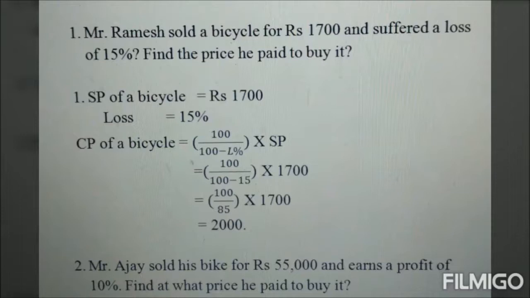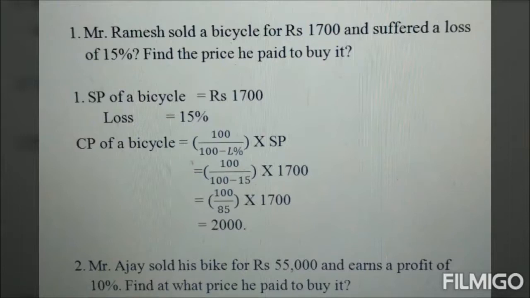For calculating CP we have to use the formula 100 upon 100 minus loss percent into SP. 100 upon 100 minus 15 into 1700, that is 100 upon 85 into 1700. So 85 will cut 1700, giving 20, and 100 into 20 becomes 2000. So he bought the bicycle for rupees 2000.